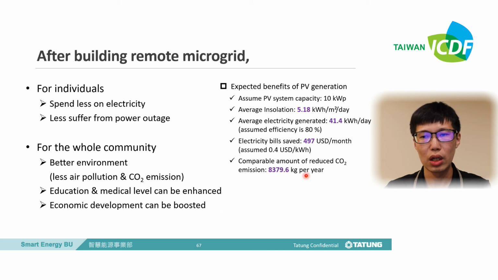And in this case, the CO2 emission can be reduced by about 5,000 kilograms per year. And these are the expected benefits if you build remote microgrids.